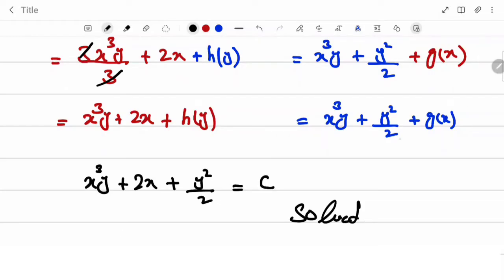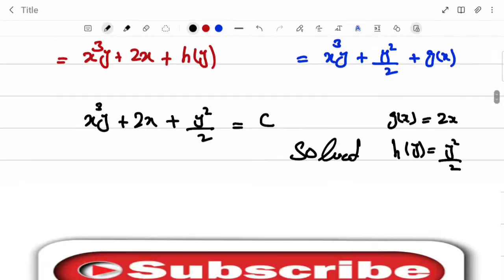If you want to consider, g(x) here is actually 2x and h(y) here is actually y squared by 2. I hope everybody gets the point. Now we will try to solve some initial value problem or some advanced level problem in this case.